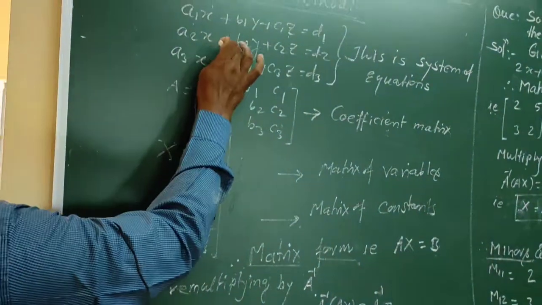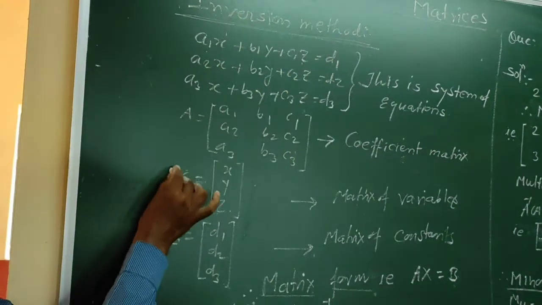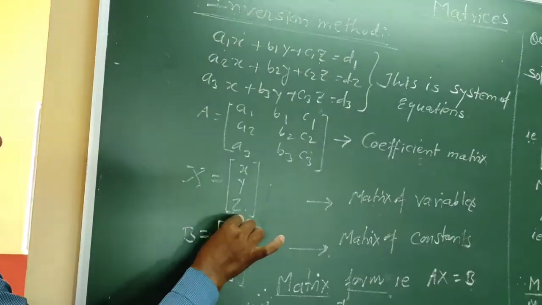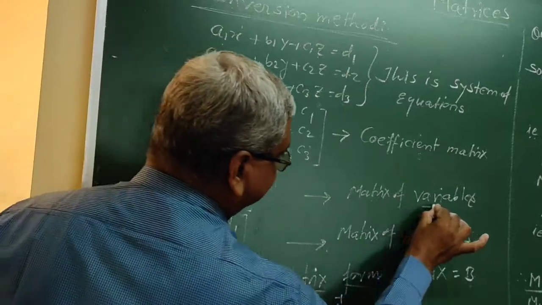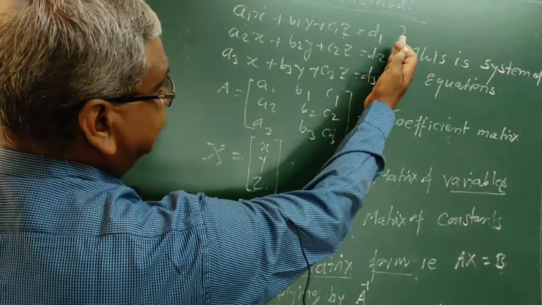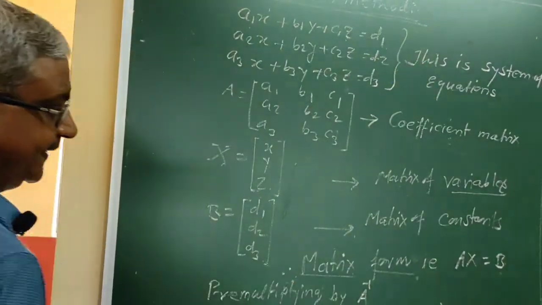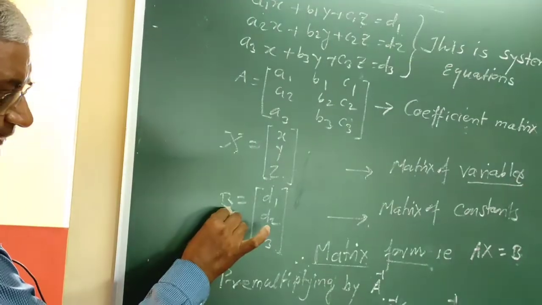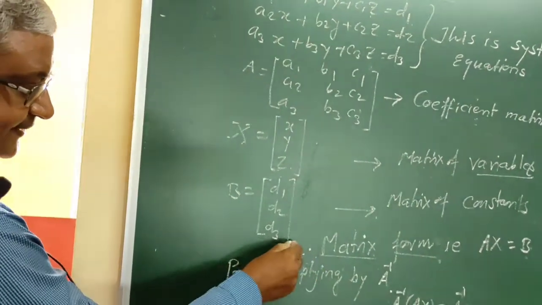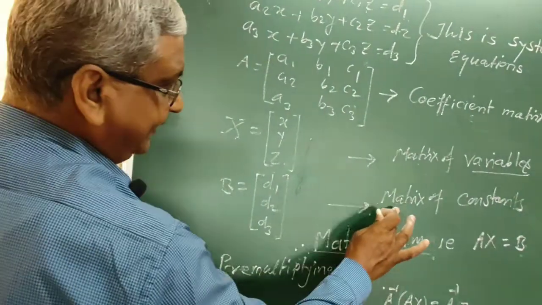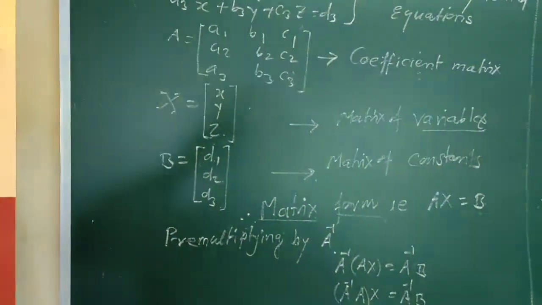Then we collect x, y, z. So capital X represents the matrix x, y, z, and it is called the matrix of variables. Then on the right there are d1, d2, d3. These are the constants, represented by the matrix B, written as d1, d2, d3. It is called the matrix of constants.